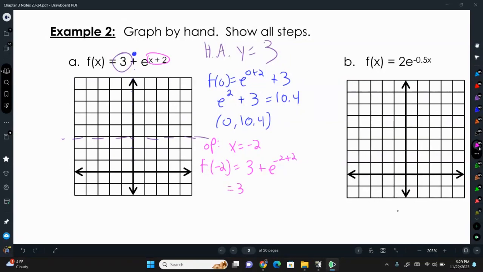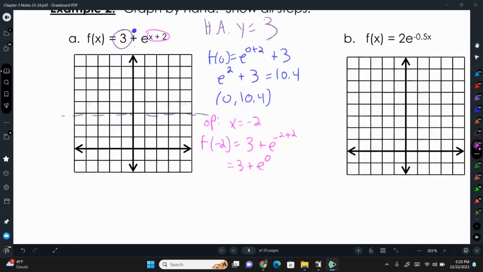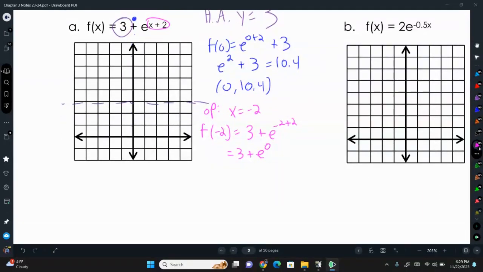So then we get 3 plus e to the 0. Well, anything to the 0 power is 1. So this is going to equal 3 plus 1, which is 4. So we have -2, 4 as a point on the graph.